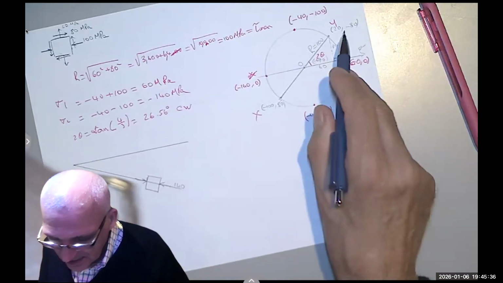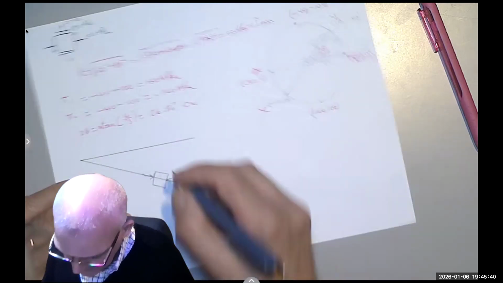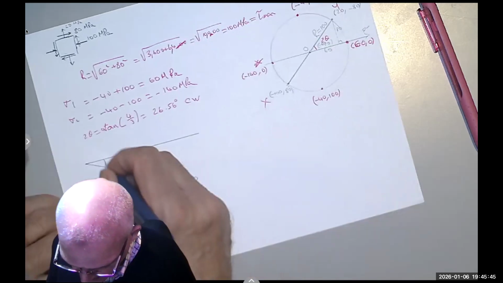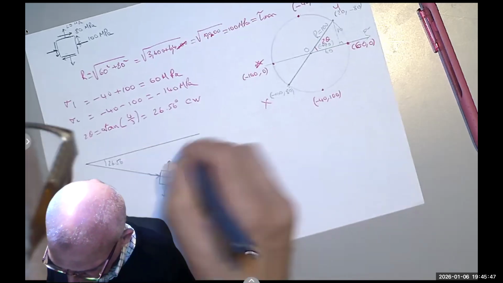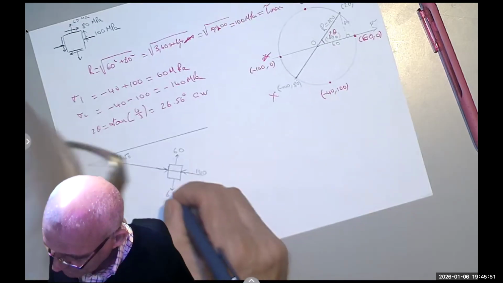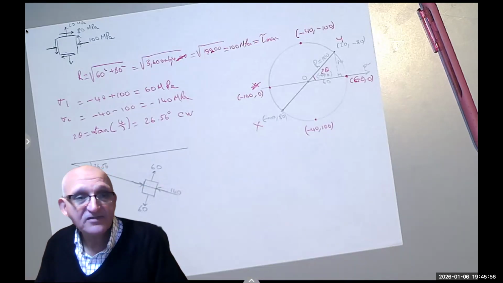And the positive 20 became positive 60. Okay, and there is no shear whatsoever.